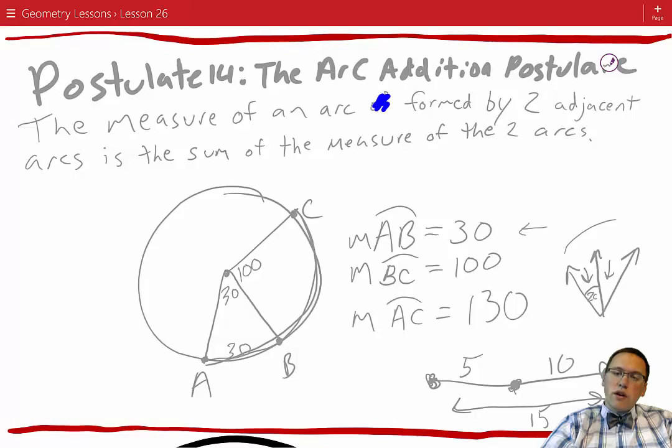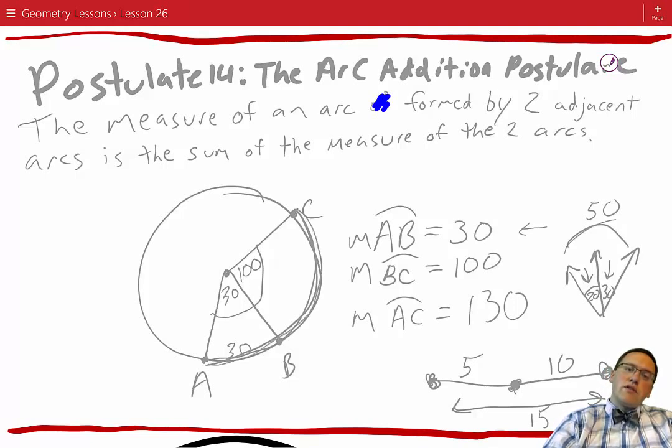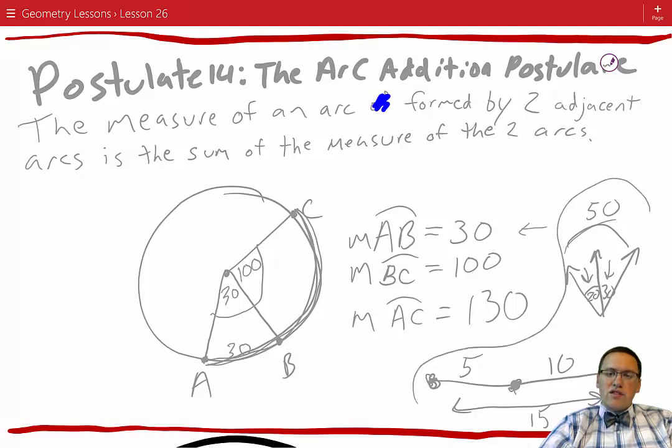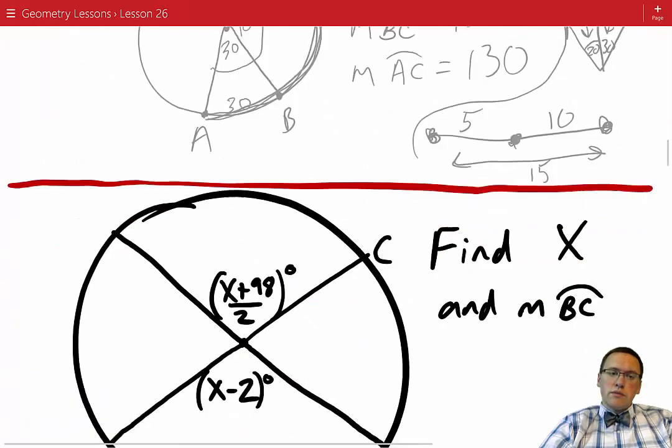For example, if this is 20 and this is 30, the whole thing is 50. Exact same idea here. You just add together the neighboring central angles, and that'll have the same measure as the neighboring arcs added together. So, very straightforward concept. You can kind of group it mentally with the segment addition postulate and the angle addition postulate.